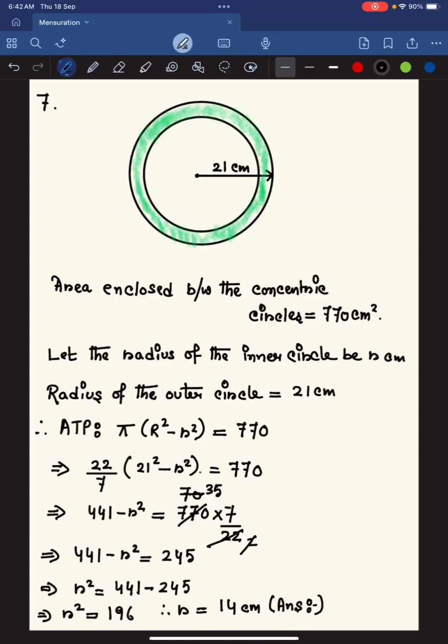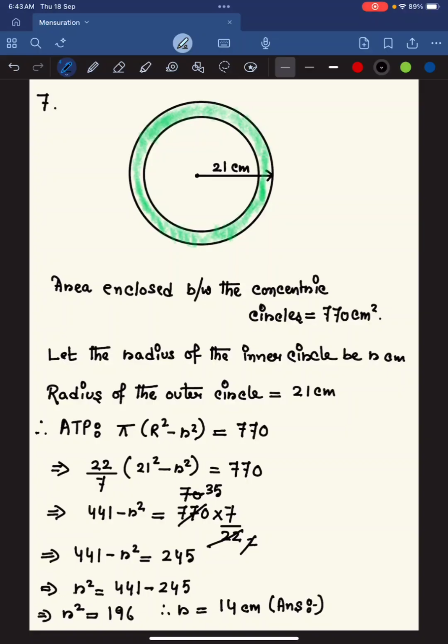which equals 770. I have taken this 22 by 7 to this side, so it becomes 7 by 22, right? So 21 square is 441 minus r square equals 770 into 7 by 22. Simplifying this, we get 245.